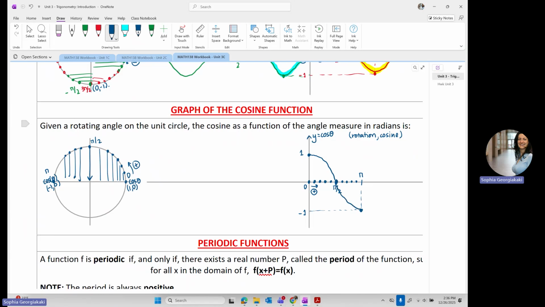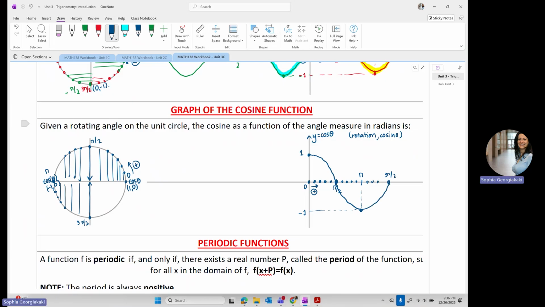And then if I keep advancing after pi in the positive direction, so my point of rotation keeps moving here to the right, I will have negative cosine approaching 0 until I hit the rotation 3 pi over 2, and rotation 3 pi over 2 will have a cosine equal to 0.